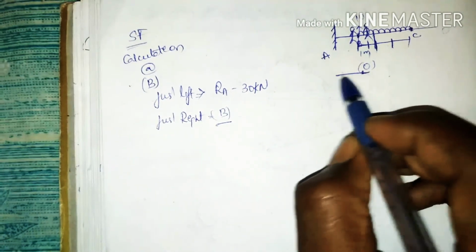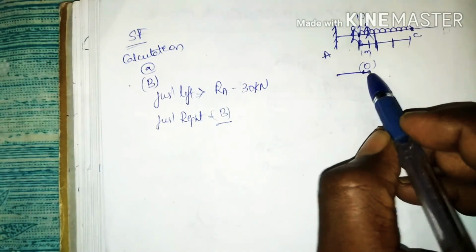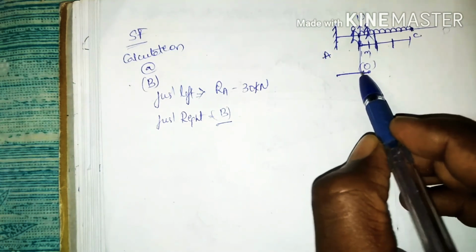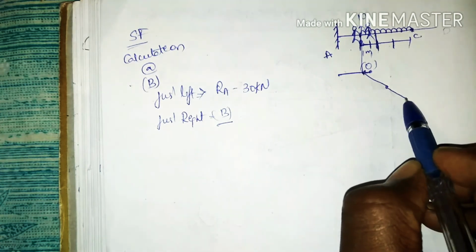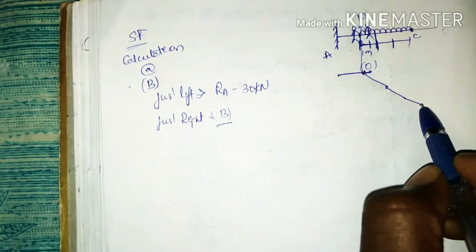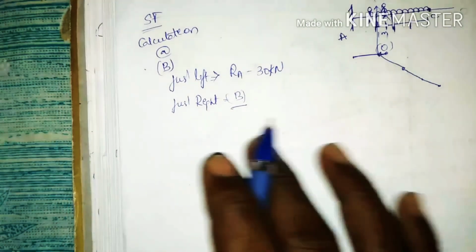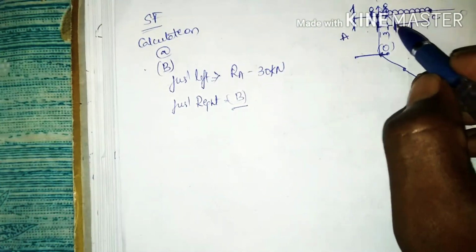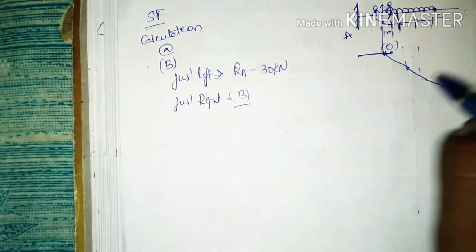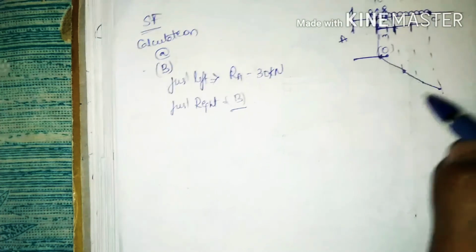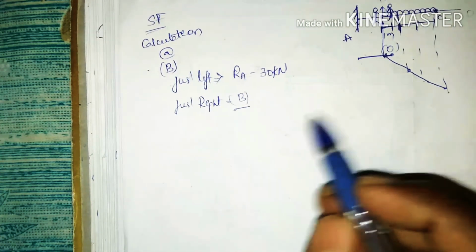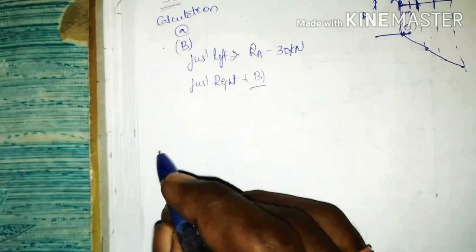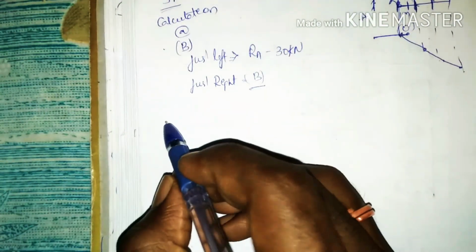If it is 30 here, up to here it is 30, then it decreases to 20, next 10, and then goes to 0. In the same way, in the last class we discussed the shear force at a selected point. If you didn't watch it, please do watch that video. Let us continue with this problem.